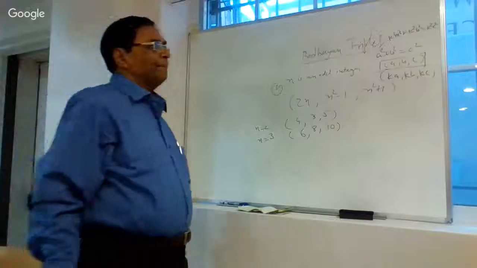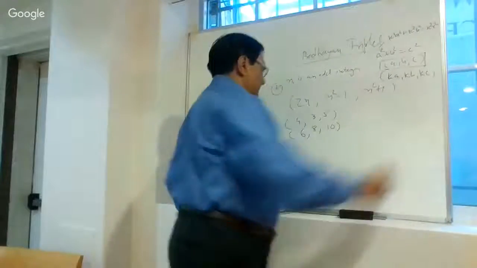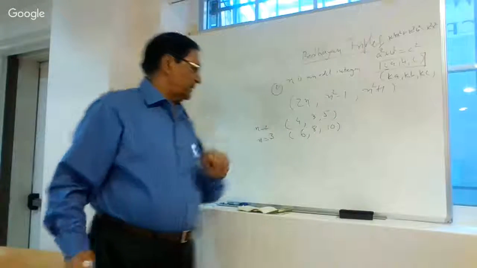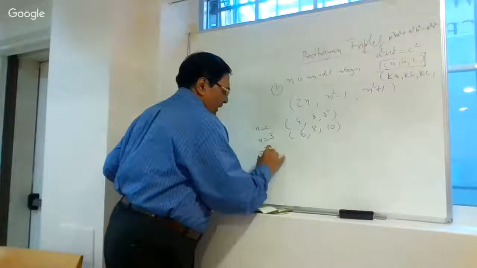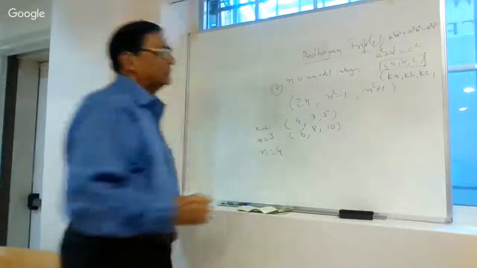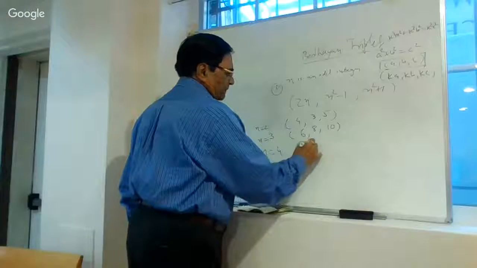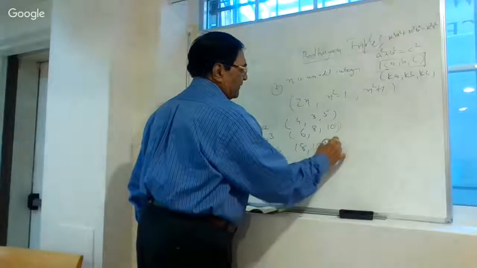So it is ka, kb and kc. You can see 3, 4, 5 was our Pythagorean triplet, and 6, 8, 10. N equal to 4 is 8, 15, 17.